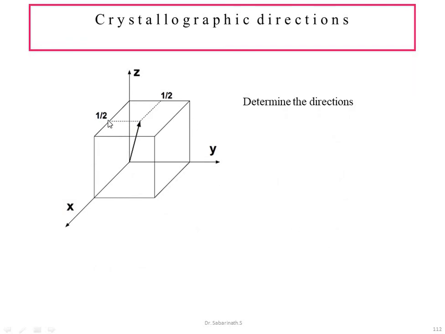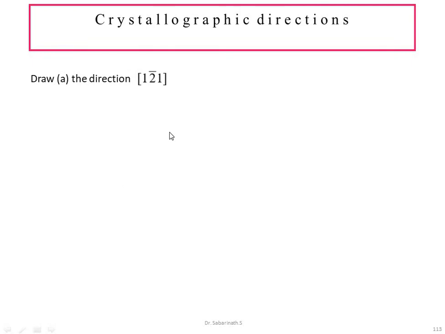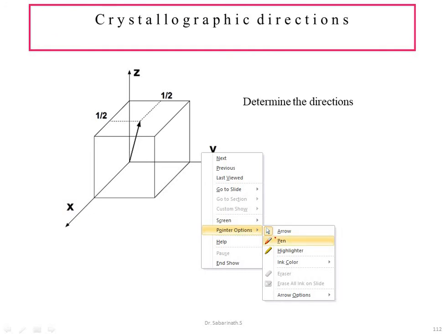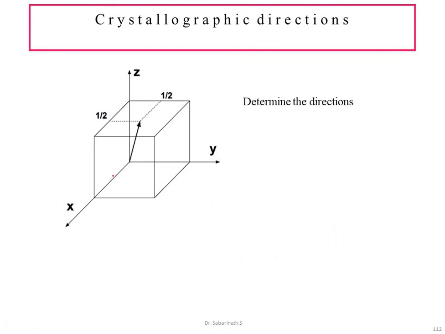Now here you need to find the crystallographic direction for this particular direction. Here we can see that for the x-axis it is just half, for the y-axis it is just half, and for z it is 1.